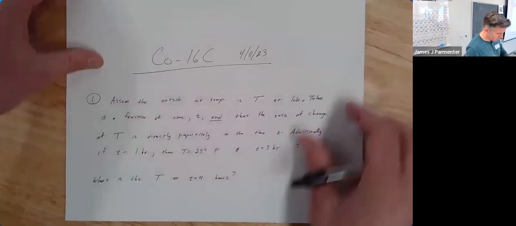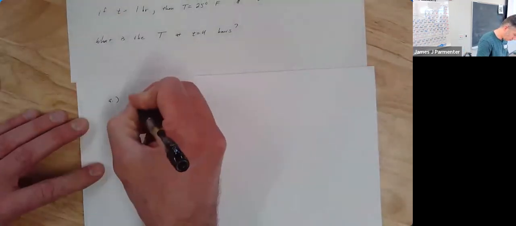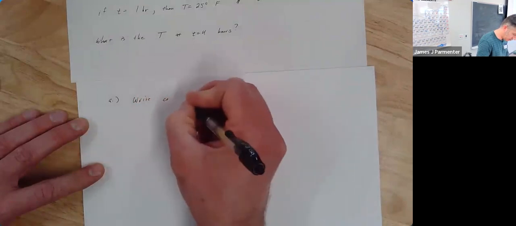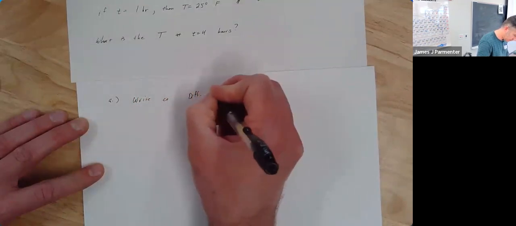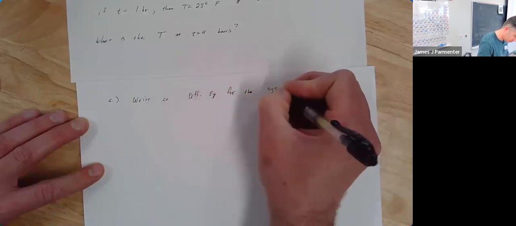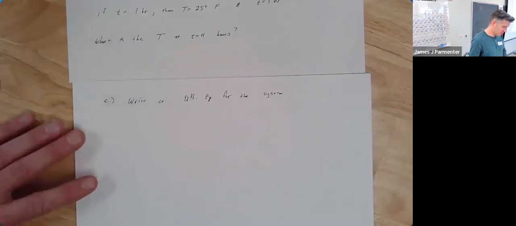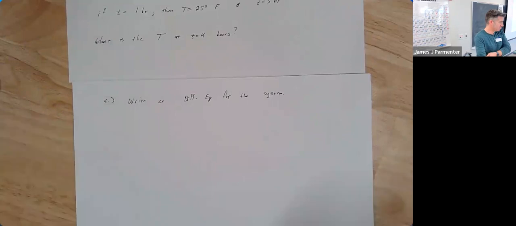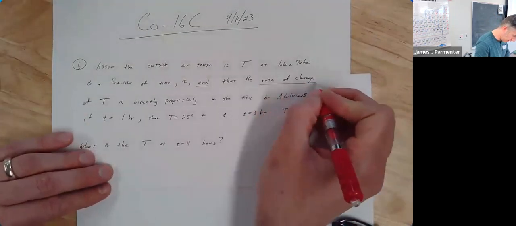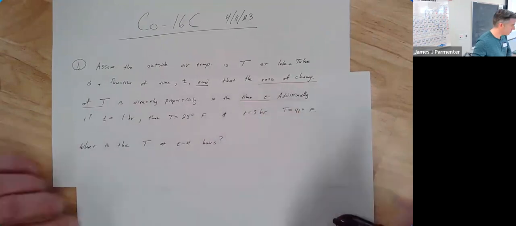So before we can do any of this, we need to first write a differential equation for the system. We've been told that temperature is directly proportional to time. Sorry, apologies, not temperature, but that the rate of change of temperature is directly proportional to the time.